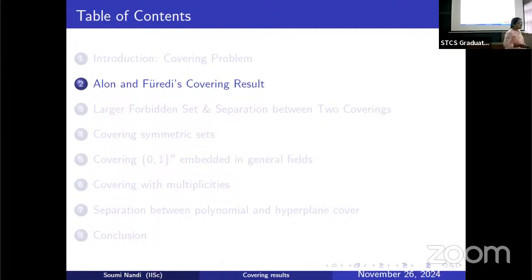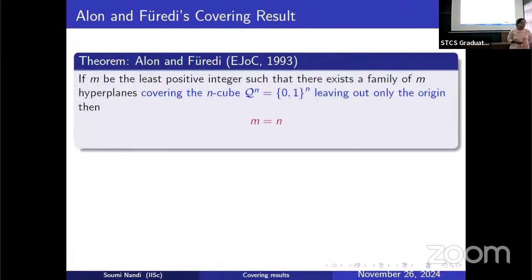So this gives us the famous result by Alon and Füredi, and they showed that n hyperplanes will be necessary also. That is, if we want to cover all the vertices of the n-dimensional hypercube, leaving only one vertex uncovered, then we will require at least n hyperplanes.